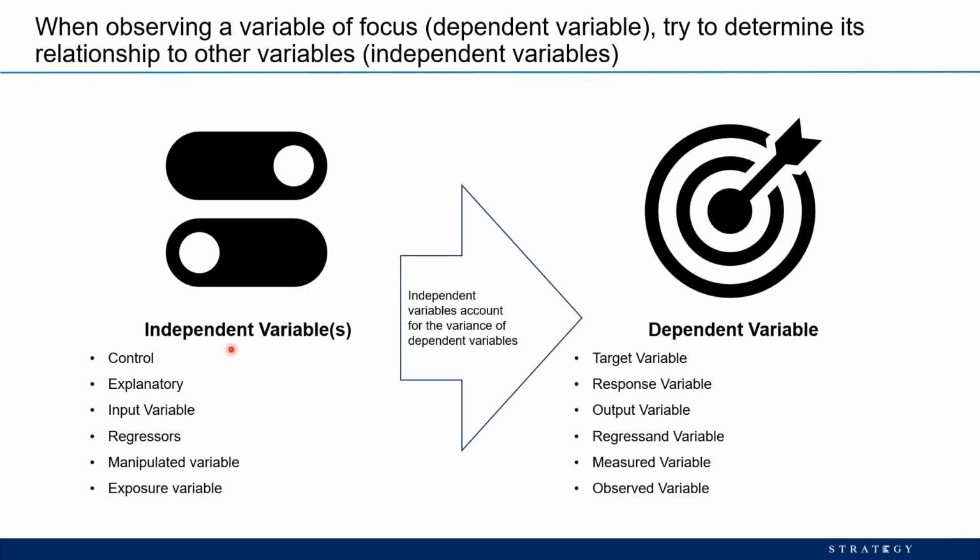Also, I want to list out that these variables have many, many different names and they're all used interchangeably. So I'd recommend just giving a quick look over these different variable names, so that when somebody says one of these variable names, you know what they're referring to.